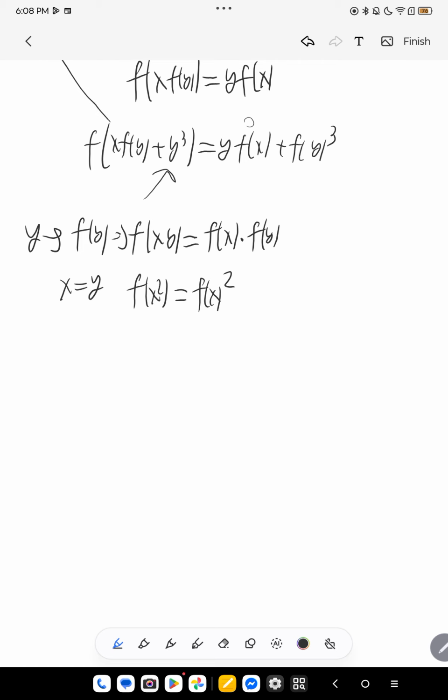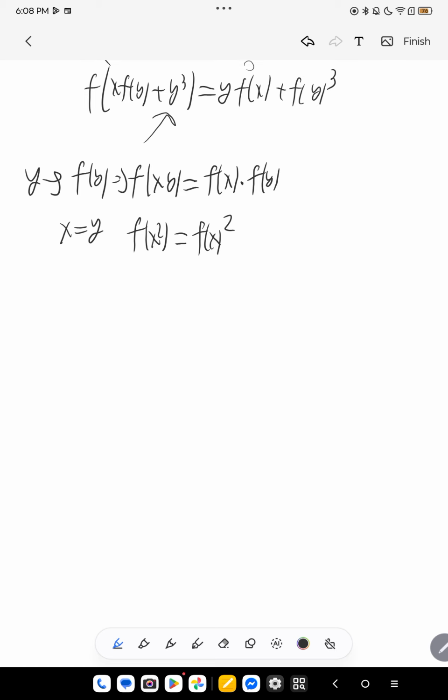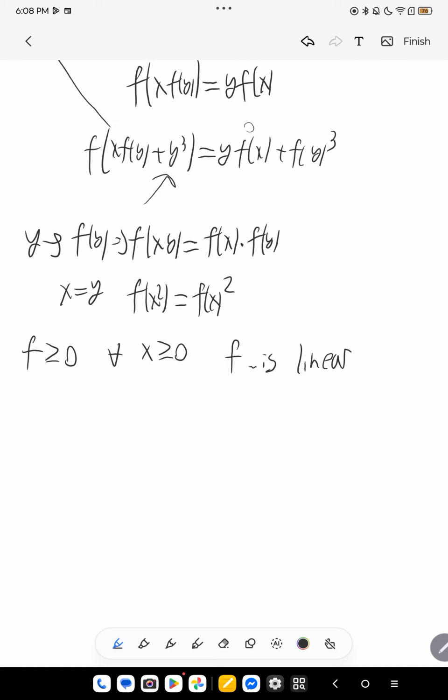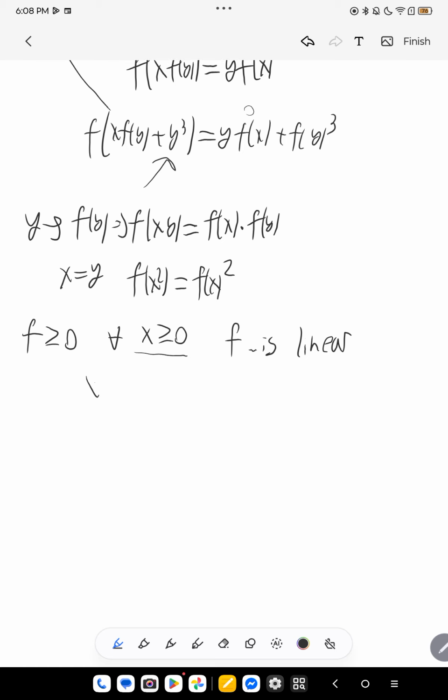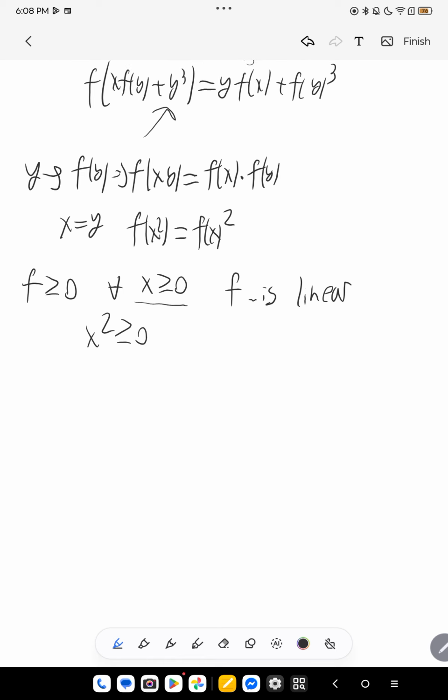So now let's set these two equal, and we get f(x squared) equal to f(x) squared. There's a theorem that if f is a Cauchy function and f(x) is more than or equal to 0 for every x which is more than or equal to 0, then f is linear. Now we already know that f is a Cauchy function, and if x is more than or equal to 0, which is true because x squared is more than or equal to 0, then f is more than or equal to 0 because f(x squared) is more than or equal to 0.